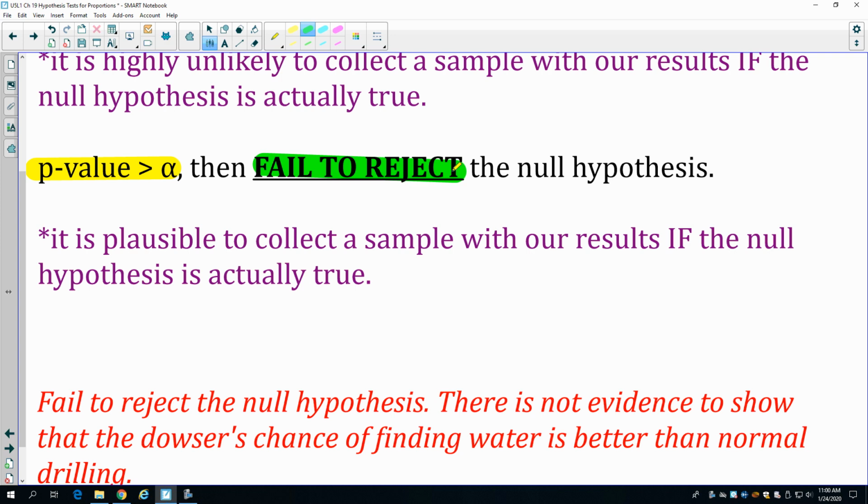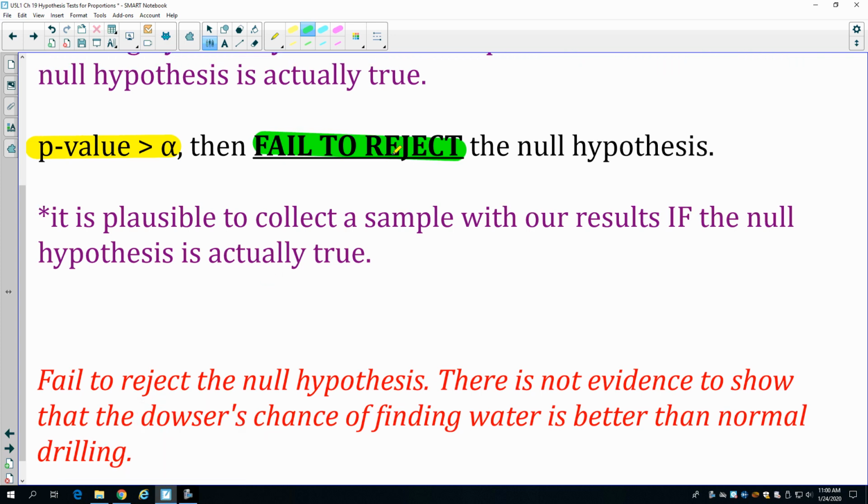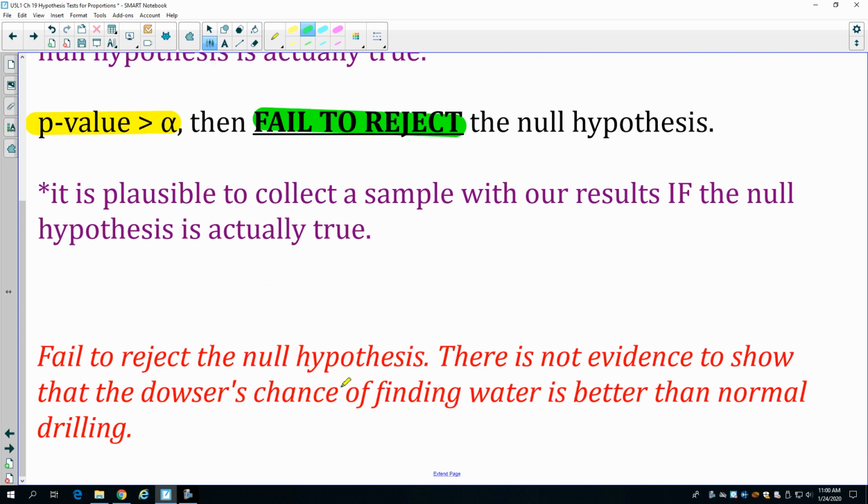We're not saying that it's truly 30% of the wells. We're saying that we don't have enough evidence based on our sample that it's different from 0.3. So we'll fail to reject our null hypothesis and conclude there's not evidence to show that Dowser's chance of finding water is better than normal drilling.